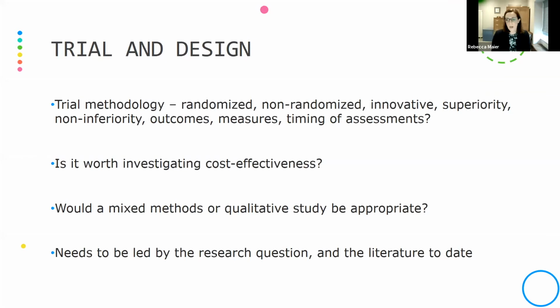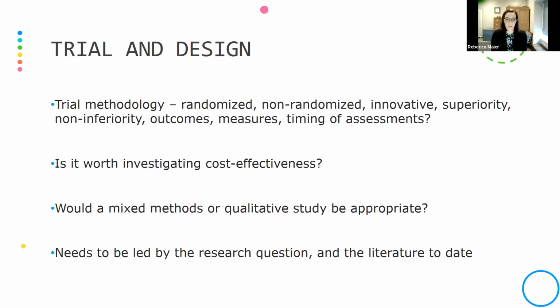So in terms of the trial and design, this is a critical element, as you can imagine, to getting a proposal right. So thinking about the methodology that you're going to use. And I won't dwell too much on this, but there's lots of elements to here, many of which were covered by Michael earlier in terms of cancer trials and certainly early phase trials.